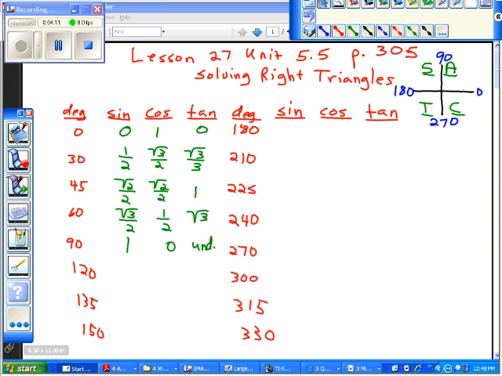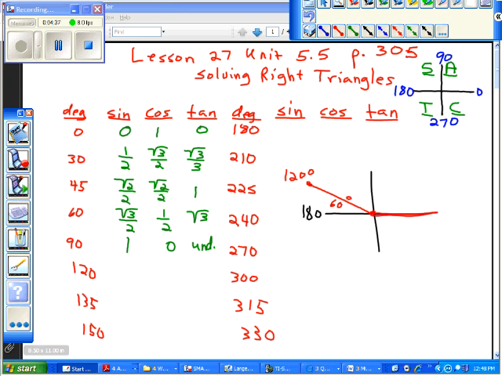I'm going to draw a picture every time we do one from now on just so you can see it. So, now we're to 120 degrees. Where's 120 degrees going to land? It's going to land 60 degrees before 180 degrees.